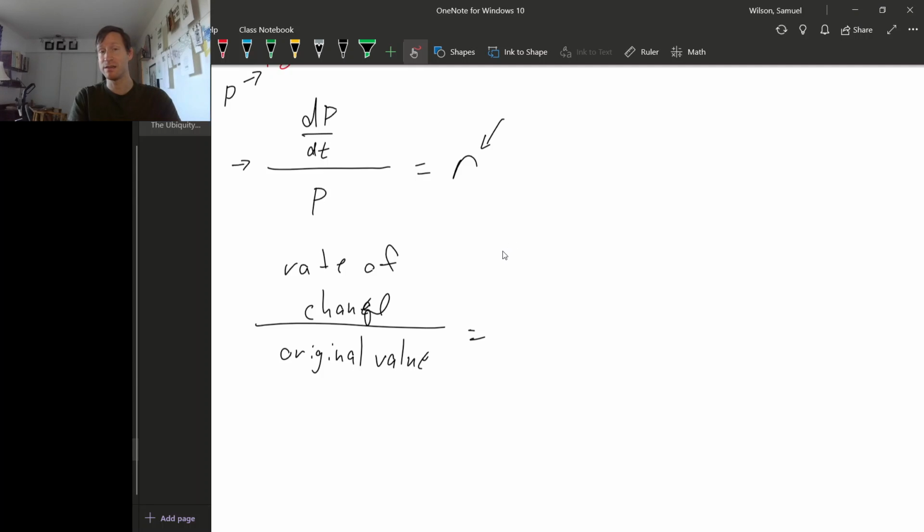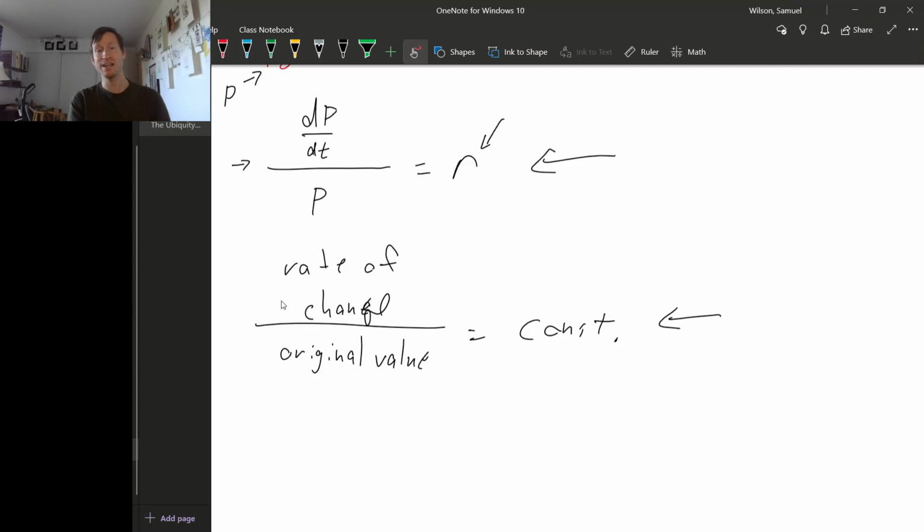It's not a function of t, so it equals a constant. So another way to phrase this first equation is that the rate of change of something divided by its value is constant. And this is the key thing that unifies all of those different exponential growth scenarios.